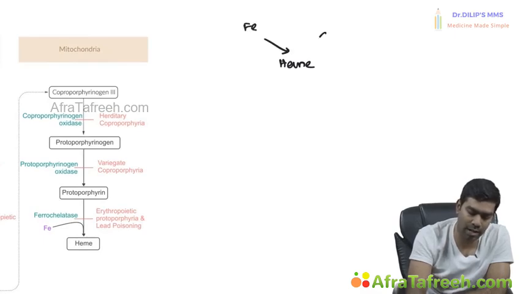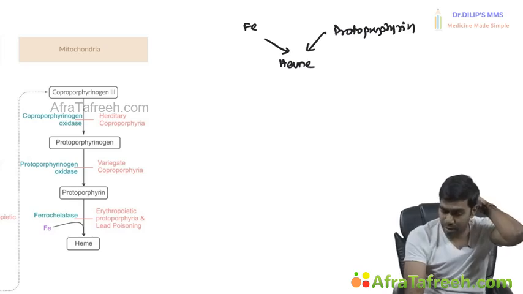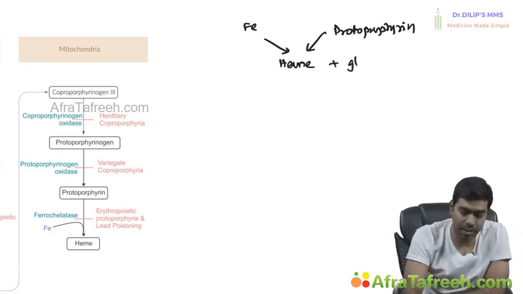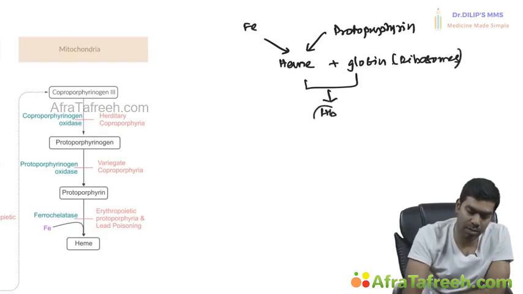One is the iron, and second is the protoporphyrin. This heme is going to mix with the globin synthesized from the ribosomes, and they are going to form something called hemoglobin.